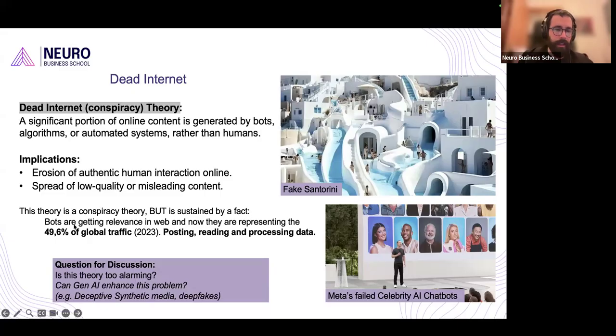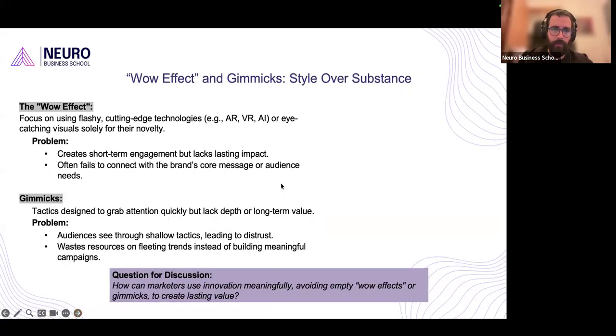Okay. Let's move. Well, this is just a quick content. I'm talking here about two concepts: the wow effect and the gimmicks.